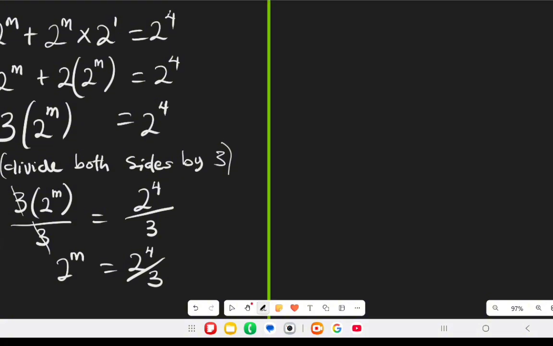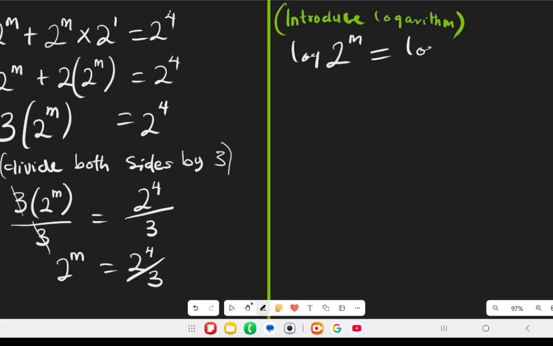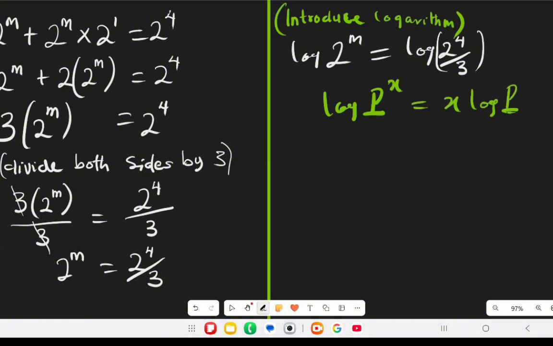At this point, we introduce logarithm. When we introduce logarithm, we have log 2 raised to the power of n equals log of 2 raised to the power of 4 all over 3 in brackets. Then in power law of logarithm, whenever we have log p raised to the power of x, it is equal to x log p.